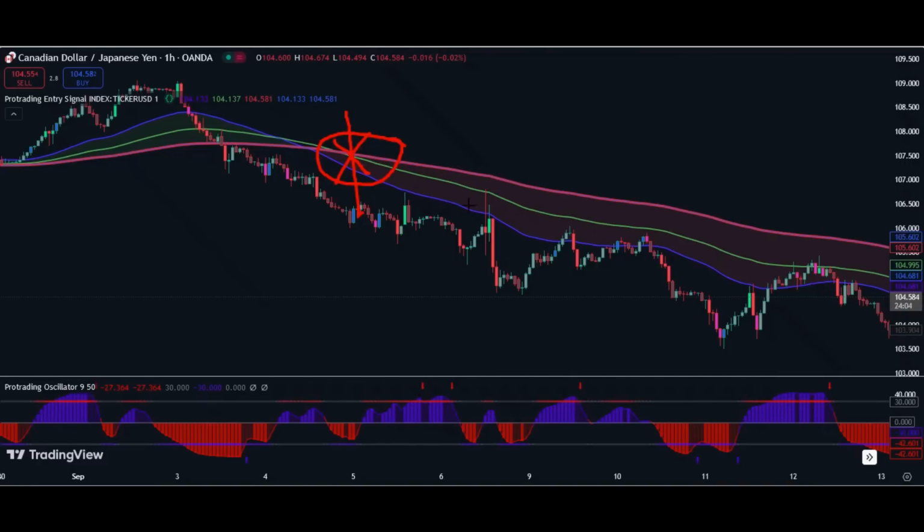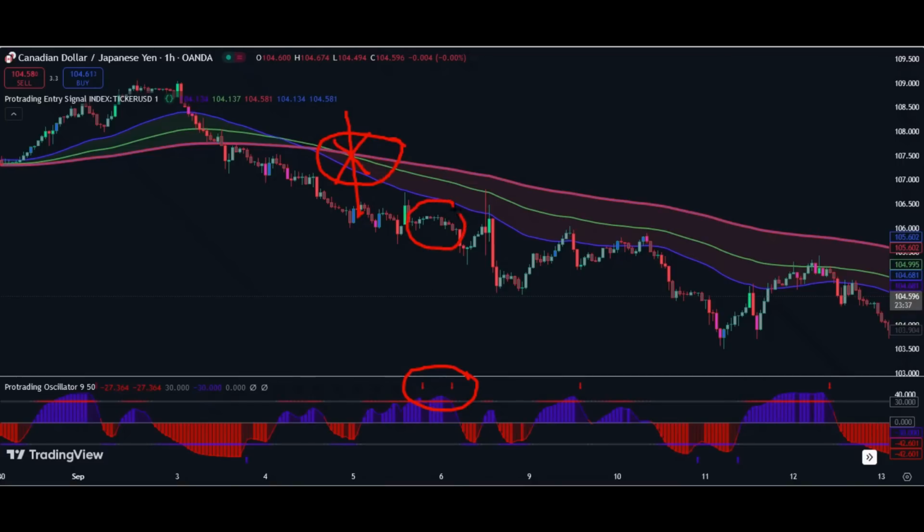We'll be taking the trade based on two different levels. When the price is below the 200, below the 100, and also below the 50, when we get a signal like this, we take it because this meets our criteria.